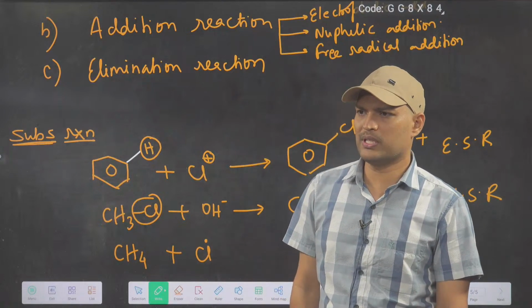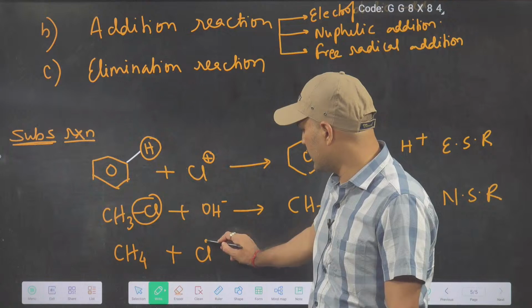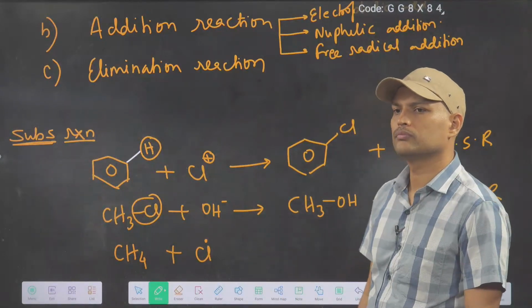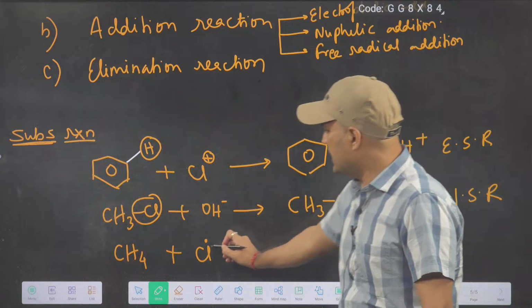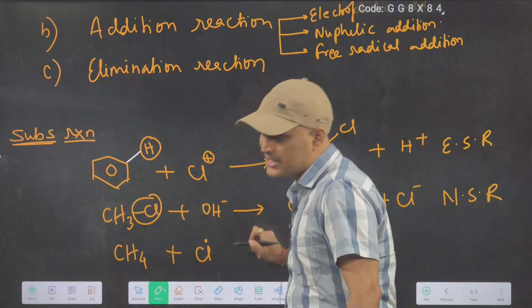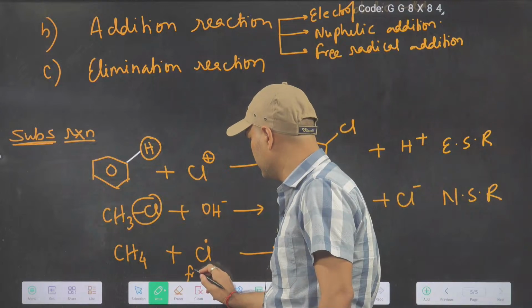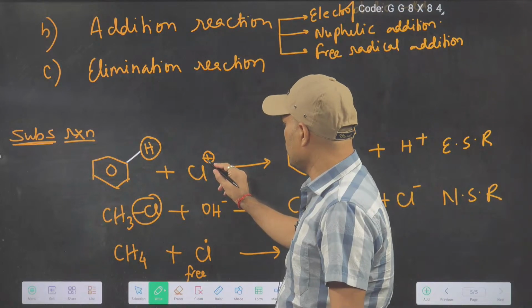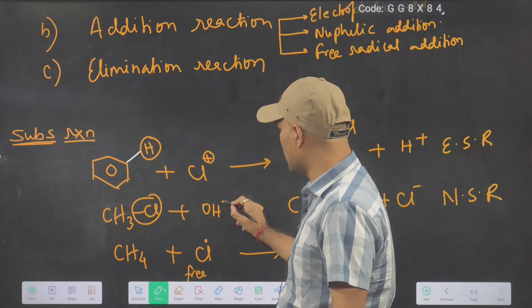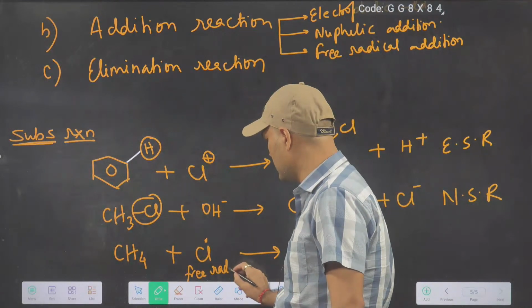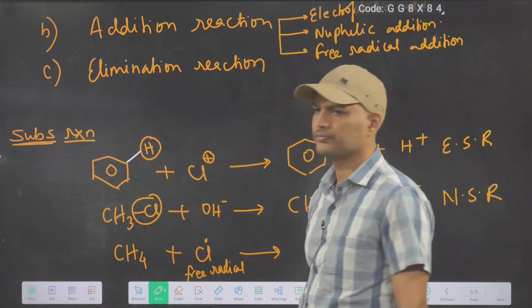Odd electron species also you can say. So Cl dot will replace H dot. Electrophile you have written plus, nucleophile you have written minus, but here only single dot is there. This is known as free radical.